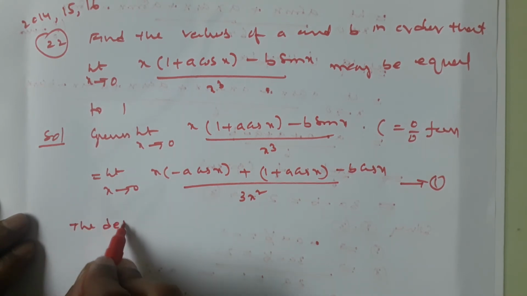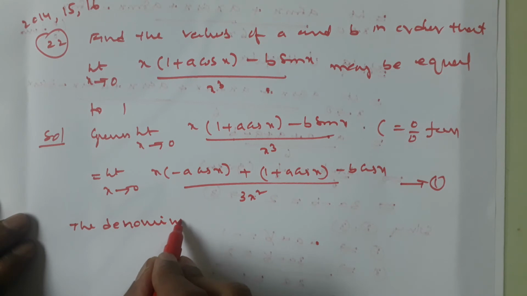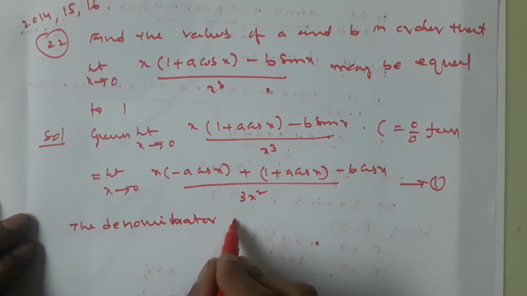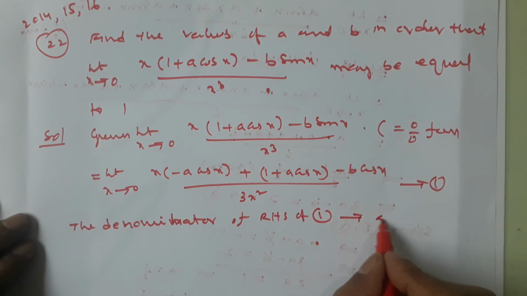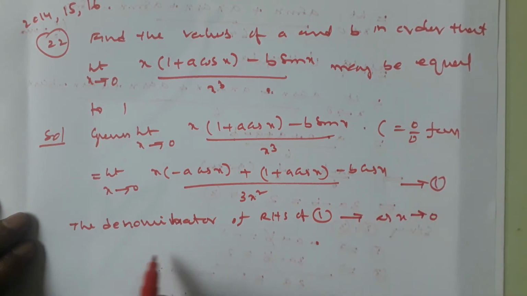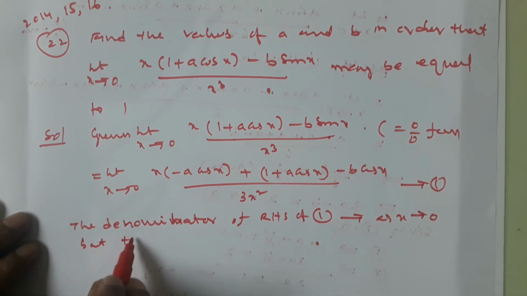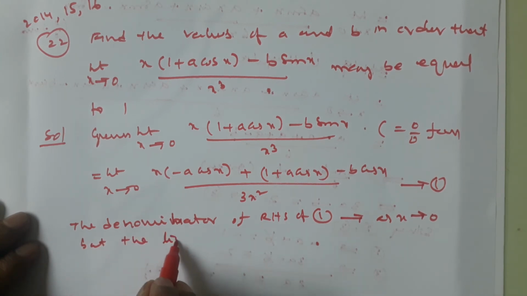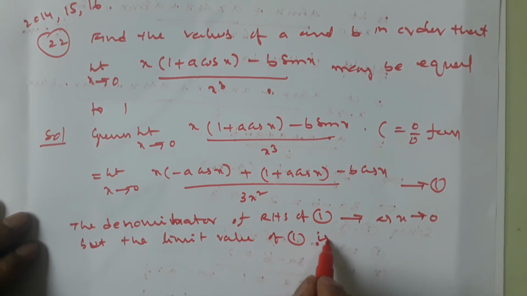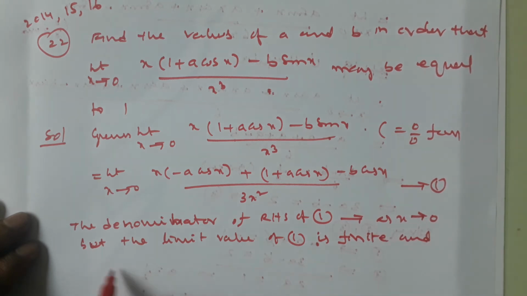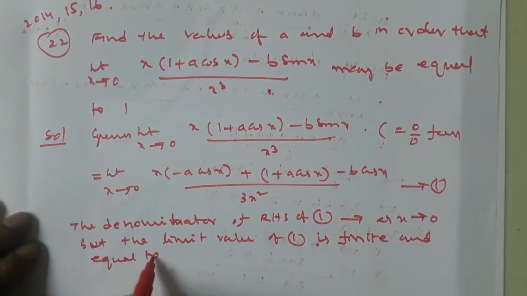The denominator of the RHS of 1 tends to 0 as x tends to 0, but the limit value of 1 is finite and equal to 1.